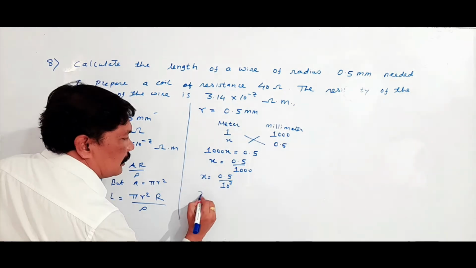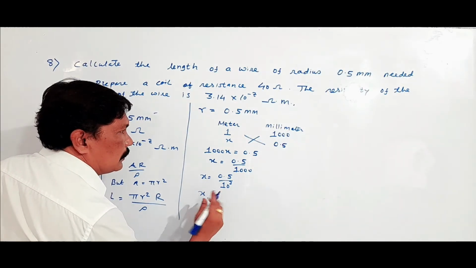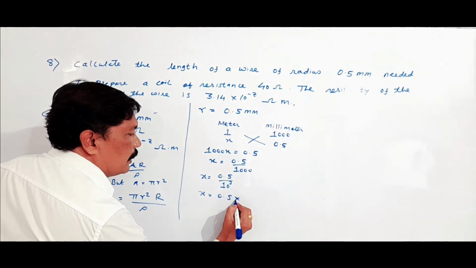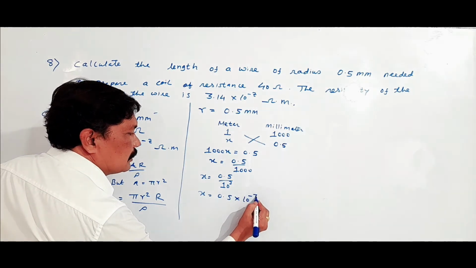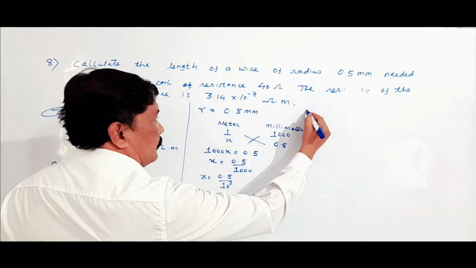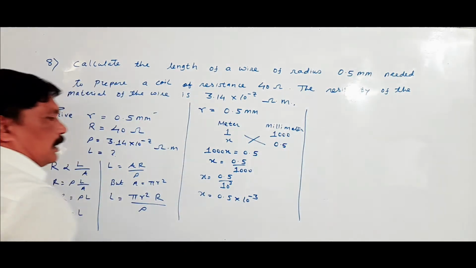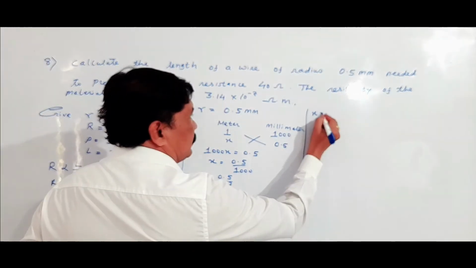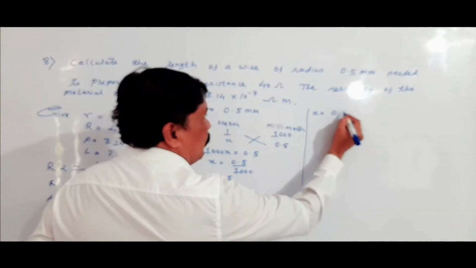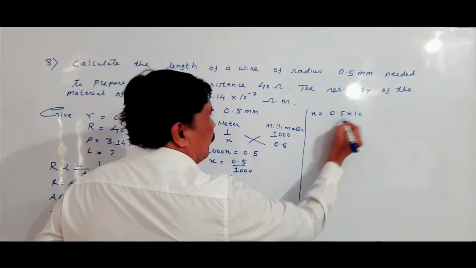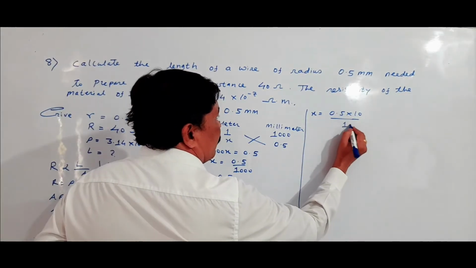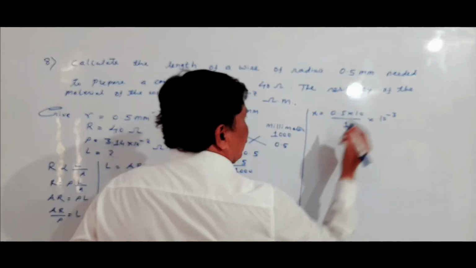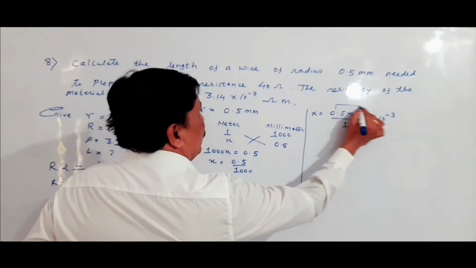We can write x is equal to 0.5 into 10 to the power minus 3. We'll try to remove the decimal point. So x is equal to 0.5 into 10 divided by 10 into 10 to the power minus 3. Point will be removed.